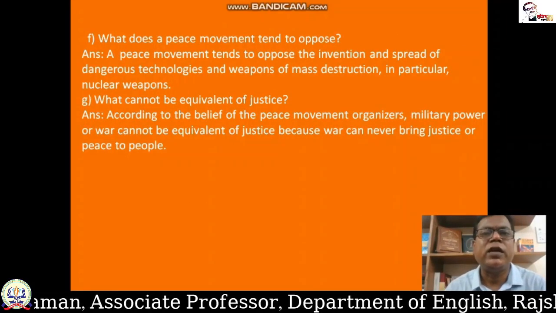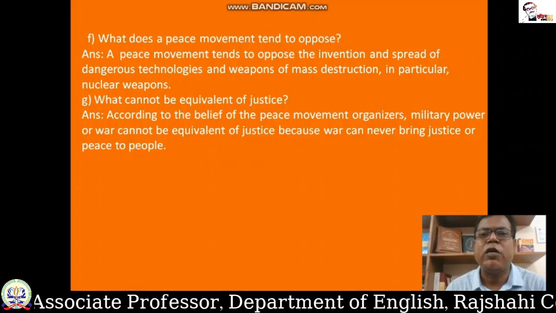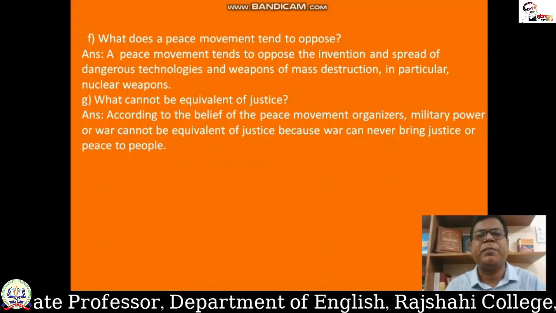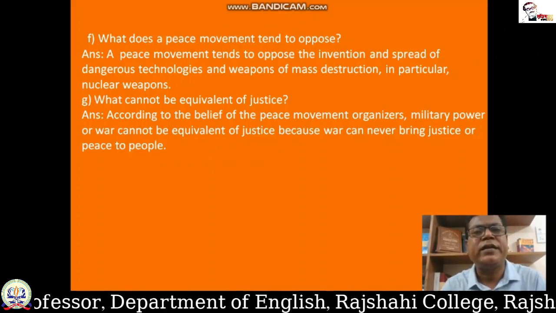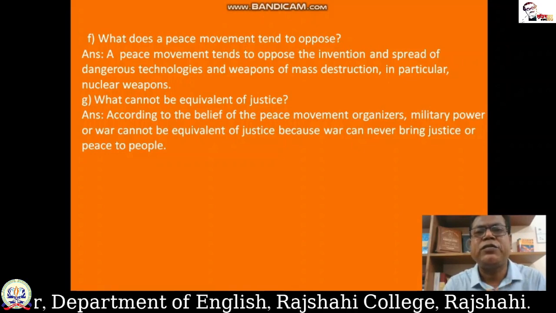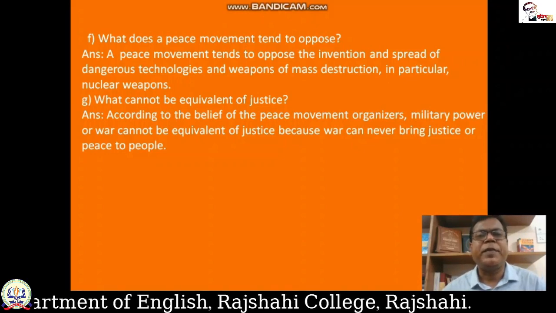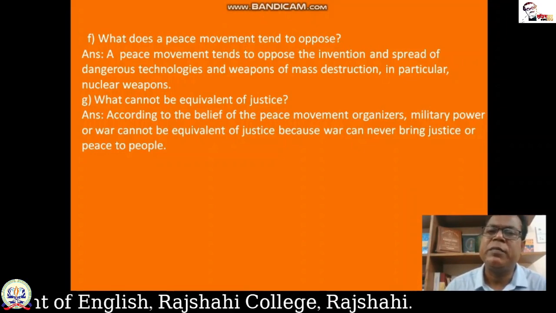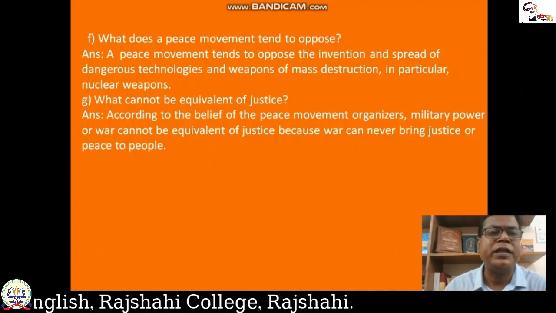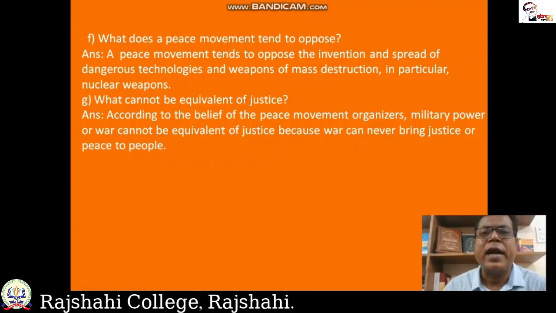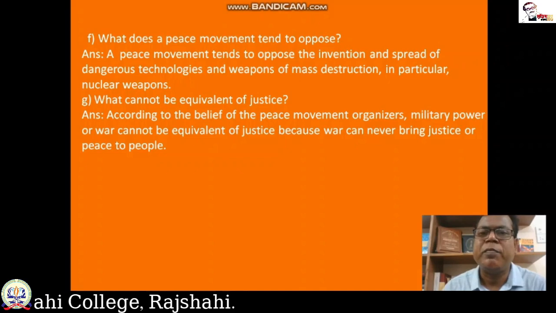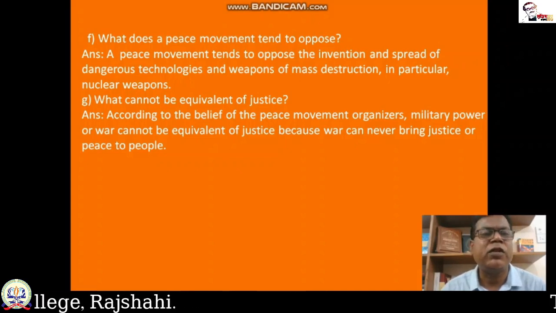Number F. What does a peace movement tend to oppose? Certainly, we have seen in the passage that a peace movement tends to oppose something. A peace movement tends to oppose the invention and spread of dangerous technologies and weapons of mass destruction, in particular nuclear weapons.